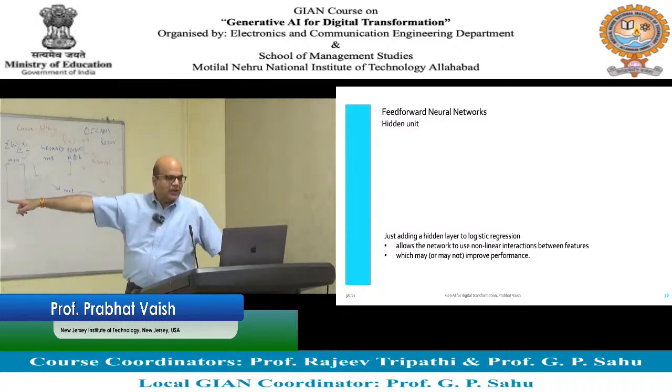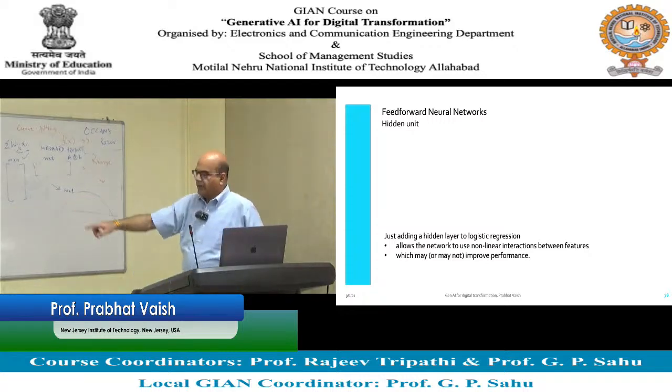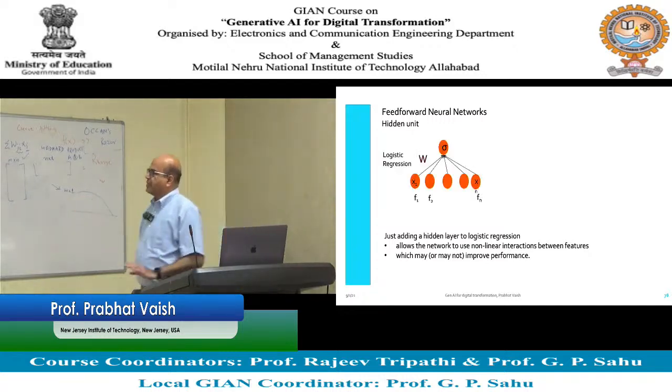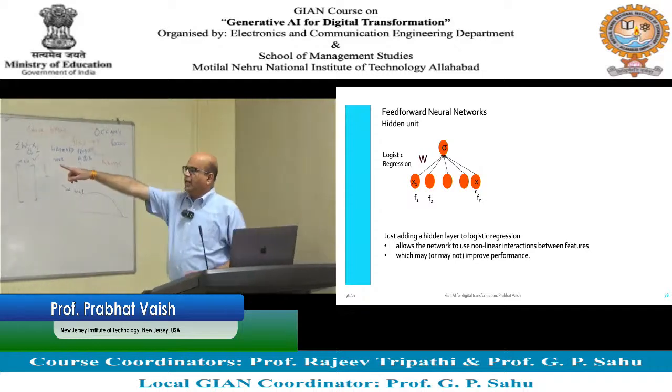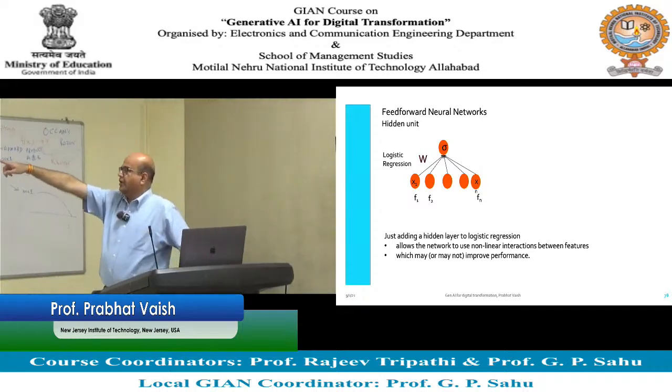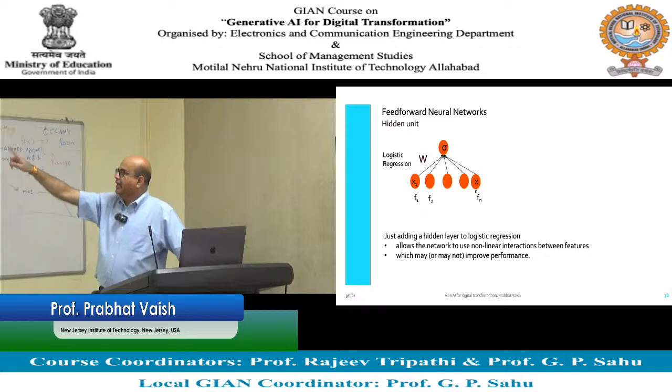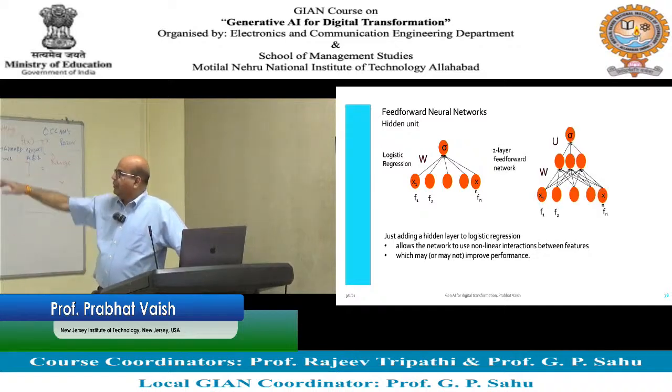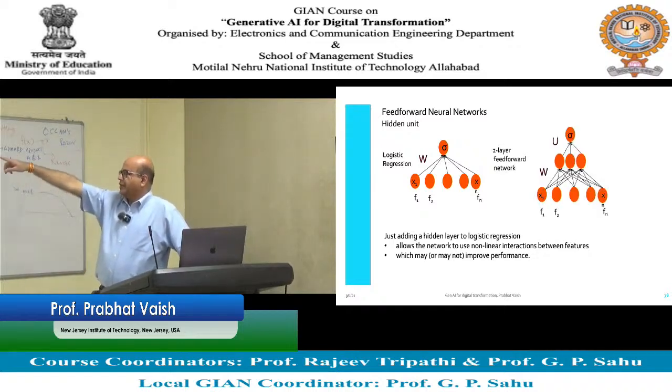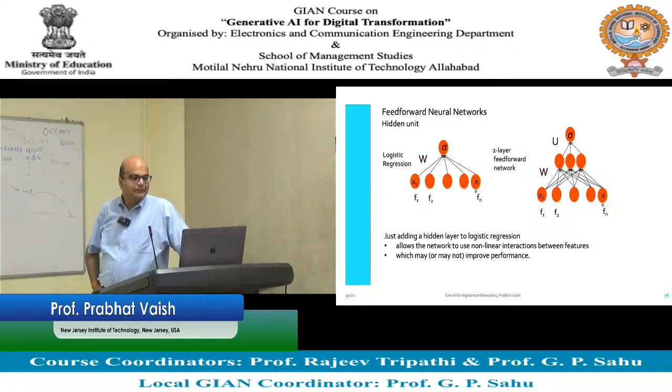This is what the hidden layer allows you to do. It may or may not improve the performance. So if you think about it, with one layer without a hidden layer, you get logistic regression. If you have a hidden layer, it's a two-layer feed-forward network, and you can actually do the non-linear interactions as well.